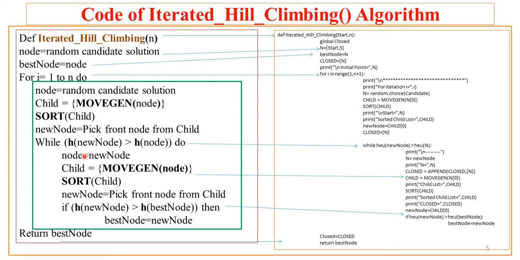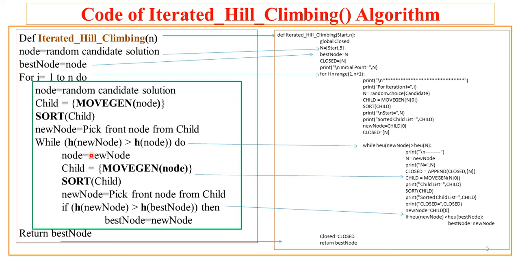Now in this while loop, the complete path till a node with higher heuristic is found, that is repeated. This is the while loop which is straight away transferred. Here the heuristic of the new node is compared with the current node. That is transferred here: HEU of new node is greater than HEU of n.